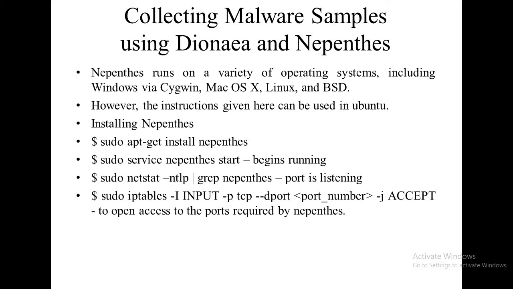To begin Nepenthes we can use the start command. To check that it is listening we can use the grep command. Then sudo iptables is used to open access to the ports required by Nepenthes.